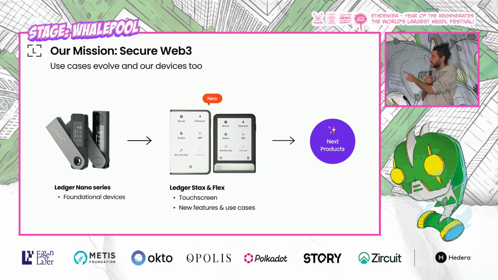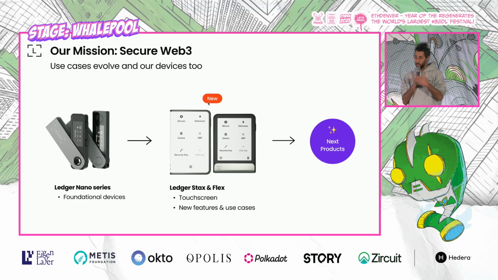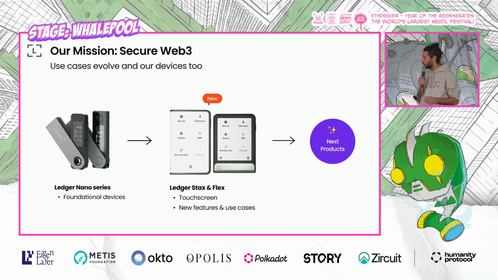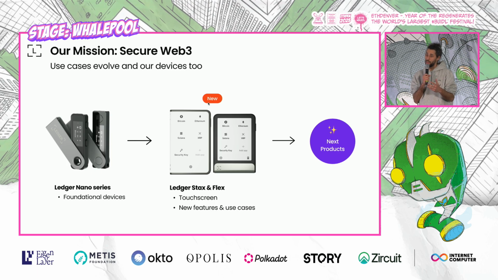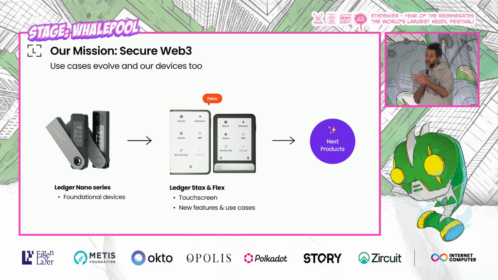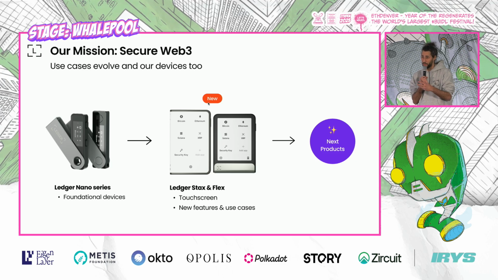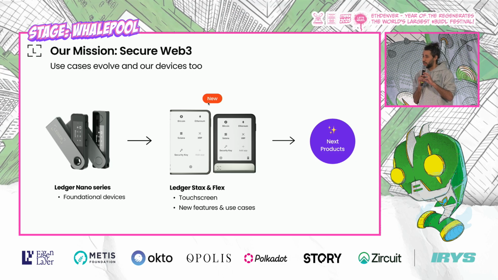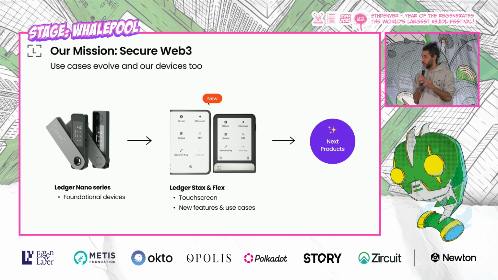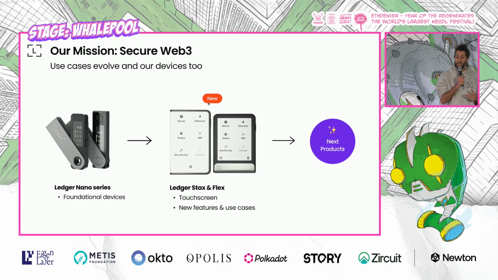You can see Ledger Stax and Ledger Flex on the screen with their beautiful touch-enabled screens. The software had to evolve as well. With more use cases and more complex scenarios to build, it was much harder with Ledger.js because you had to do all of it yourself and become an expert in how Ledger devices worked. We needed to make it easier for you.